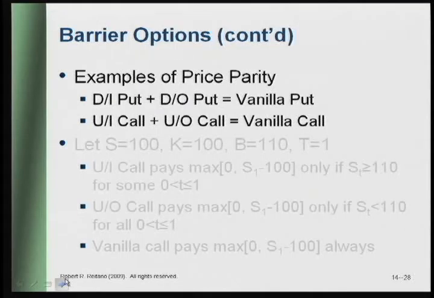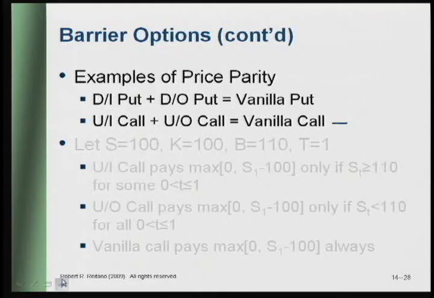We'll see this illustration in a minute. So therefore, since all three put prices have to be positive, it's clear that the down and in and the down and out both have to be cheaper than the vanilla put. We have the same with the up options. If we look at the up and in versus the up and out, it's going to be a vanilla call.